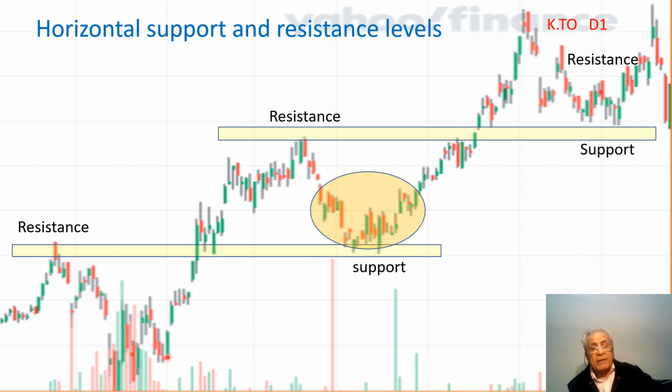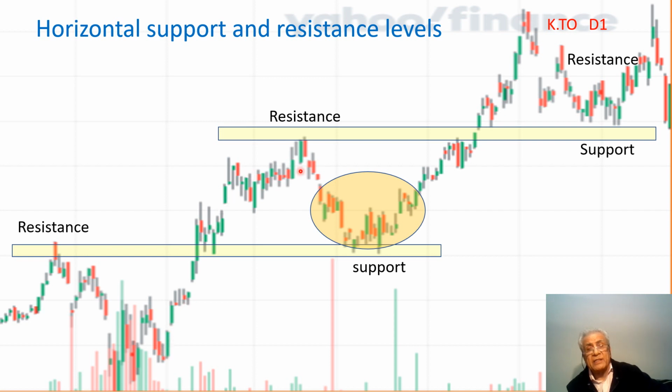Now, while the price is moving and reaches the resistance level, it breaks in an upward trend, because the trend all the time makes a swing high and swing high and swing high. So it's not a good idea to go short at the resistance level, but it's a good idea to go long at the support level.